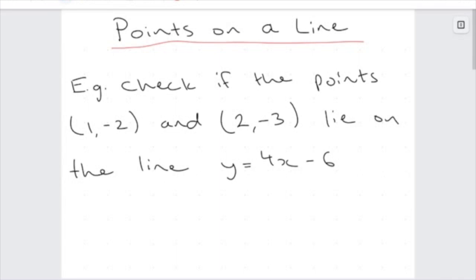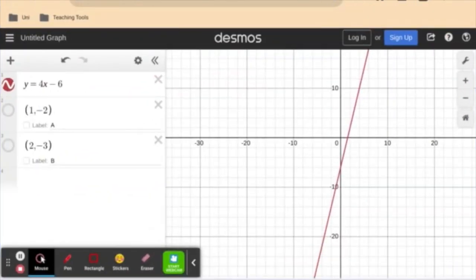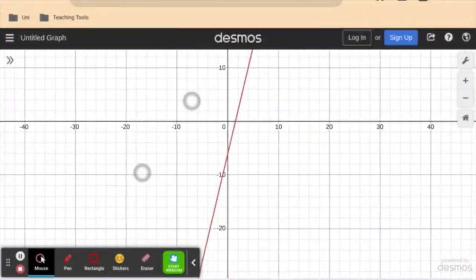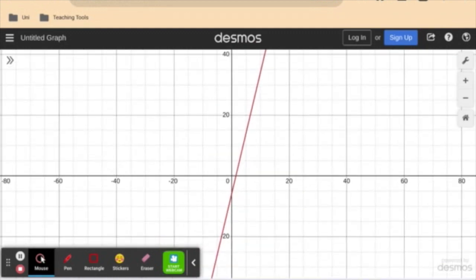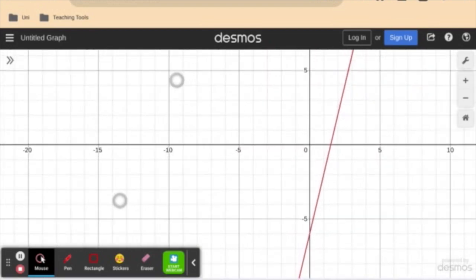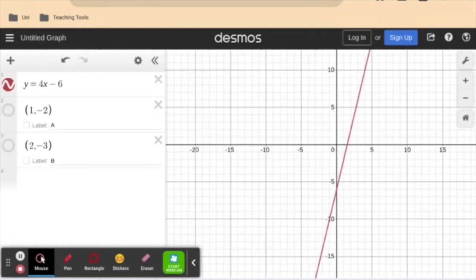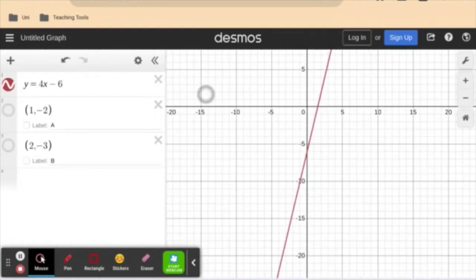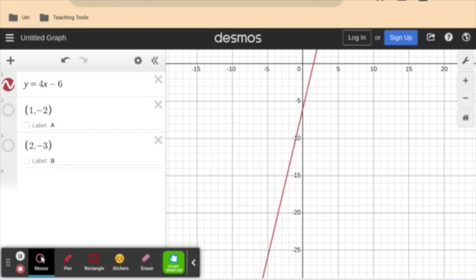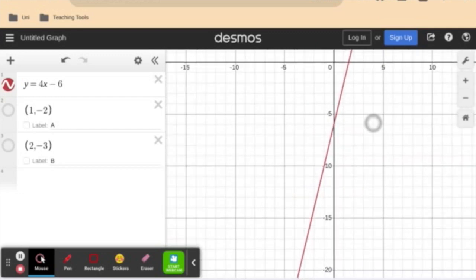So I have graphed this line just on Desmos, which is a really good tool for graphing your lines, if any of you use this in school, or if you've never heard of it. I've got this particular line here, and as we expected, it has a y-intercept of -6, and you can hopefully see that on my graph.